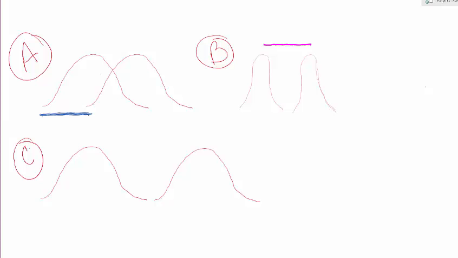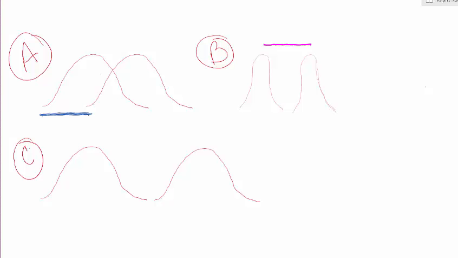these three sets of normal curves. And let me ask you a question. Of these three sets of curves, which of them would you say are you more convinced that they represent different populations?